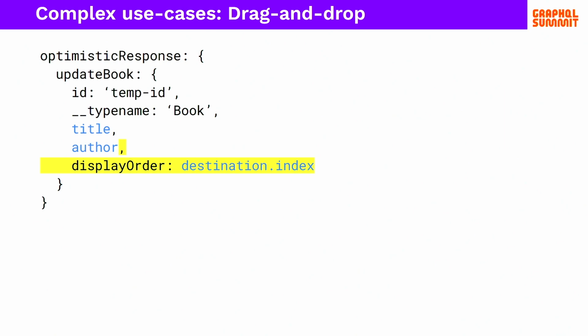And so we're going to set the display order property to that index. For all of the other items that are affected, so you can imagine the items that are in between our source index and our destination index, we need to either increment or decrement that display order property so that way it moves up or down the list as it needs to.